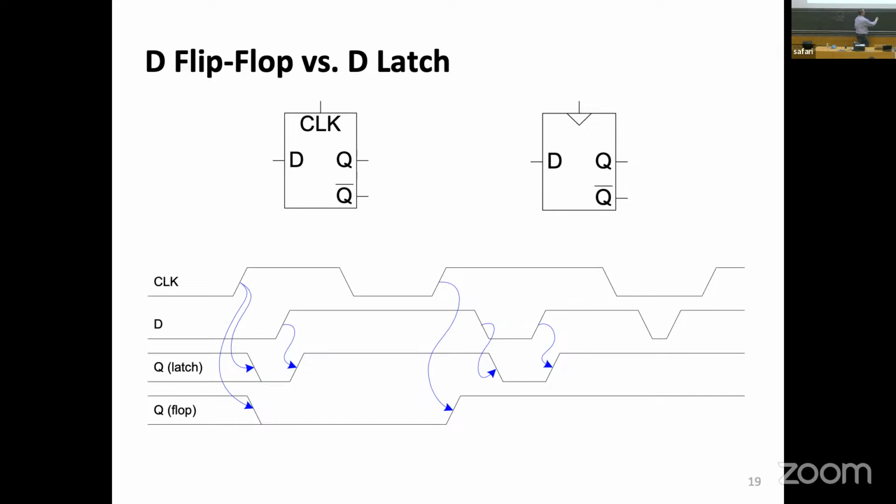When you put a triangle like this, you say it's a flip-flop. This one triggers at the edge, and this one triggers when the clock is high, meaning the entire time.